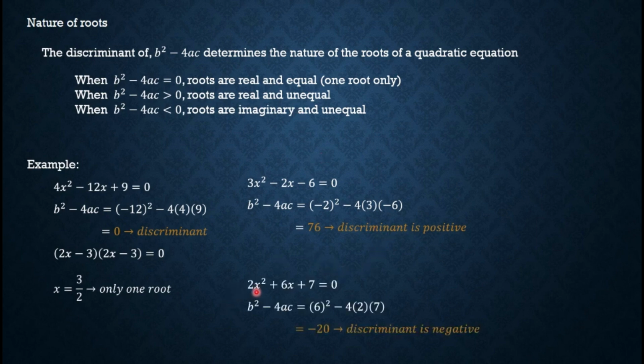Another example, 2x squared plus 6x plus 7 is equal to 0. So b squared minus 4ac is equal to 6 to the power 2 minus 4 times 2 times 7. Therefore, the answer is negative 20. The discriminant is negative, so the roots are imaginary and unequal.